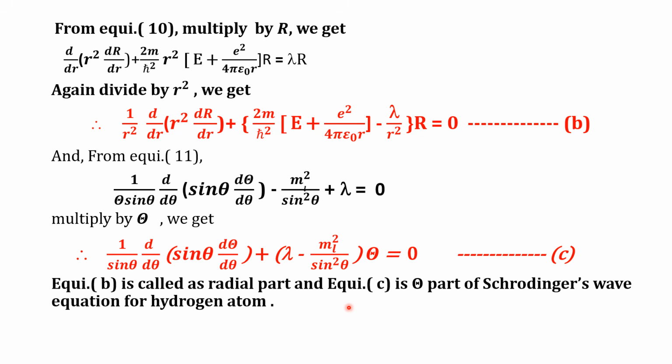Hence, equation B is the radial part and equation C is the theta part of the Schrodinger equation for the hydrogen atom. In the next lecture, we solve how to find the solution of the radial part of the Schrodinger equation.